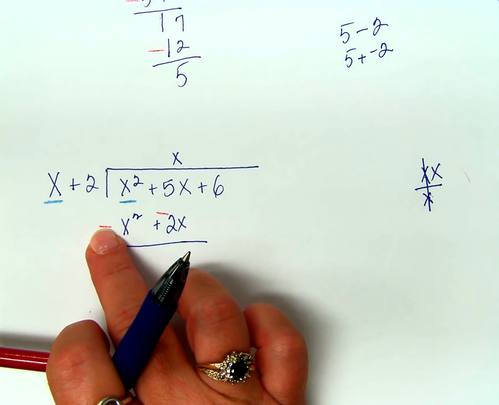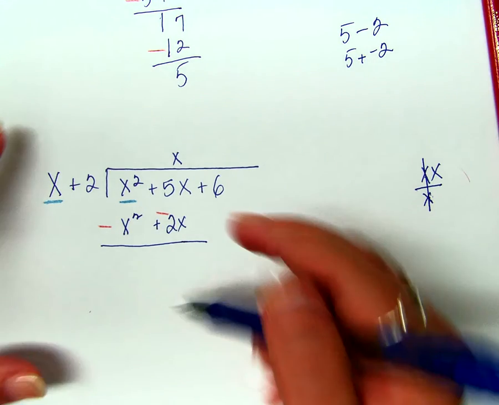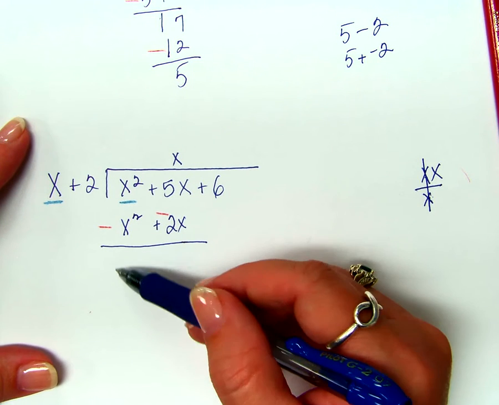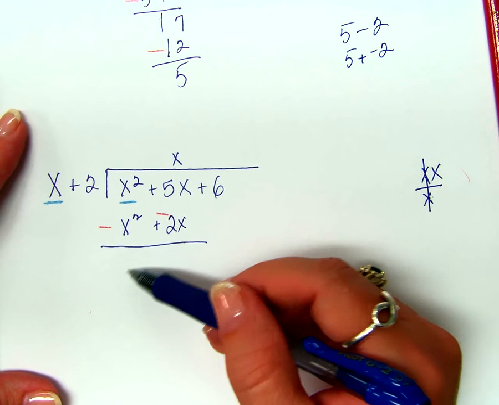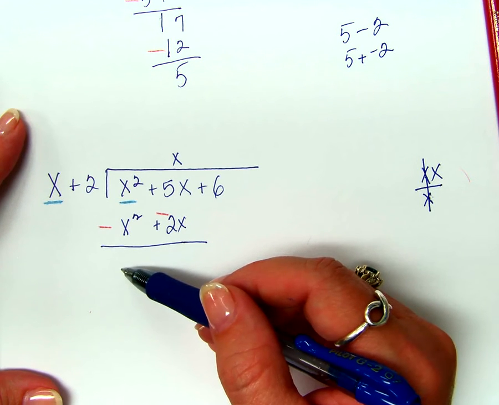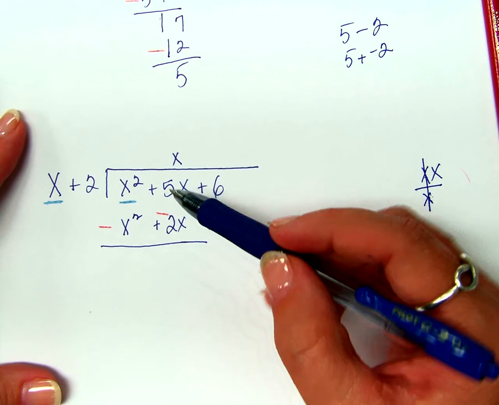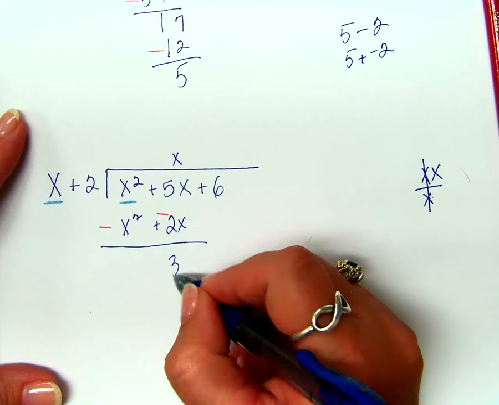Because really what I'm doing is changing the sign on each of them, aren't I? Okay, so what's x squared and a negative x squared? 0. Should this always be 0? Always? Yes. If it's not, you've done something wrong in your division. Because our whole purpose is to cancel out this term. Make it go to 0. Okay? What's 5x and negative 2x? 3x. Now what?